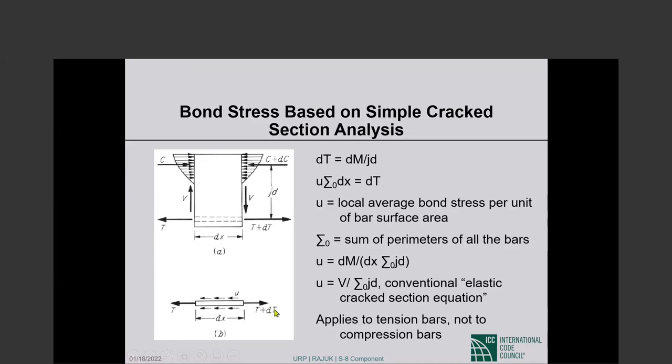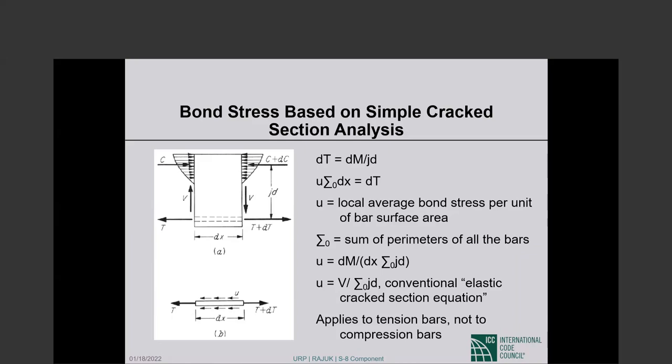dT, the incremental tension, is the bond stress u times the total perimeter of all the bars. That's what sigma sub 0 indicates, the sum of the perimeters of all the bars, times dx. So dx is the length, and sigma sub 0 is the total perimeter.